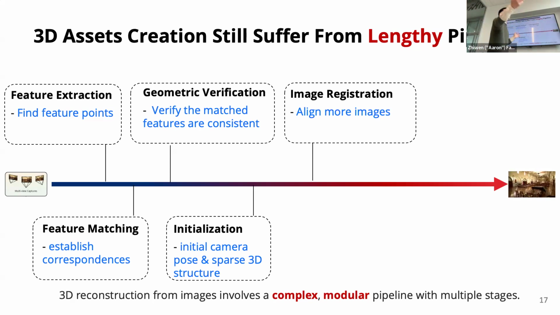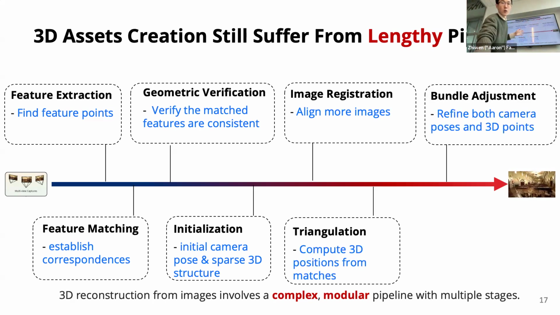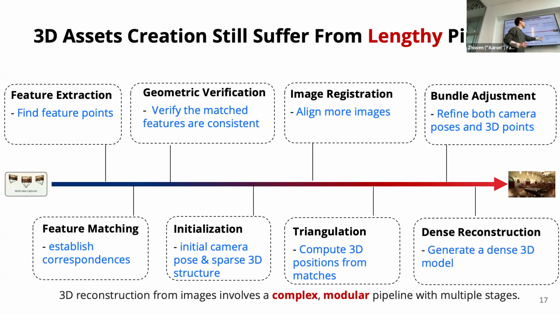And the next, we will register more and more images into the global representation. And finally, we will do the triangulation to verify these points. So with the bundle adjustment, we will do the joint optimization for the camera and the scene representation. And the very last step is about the dense 3D reconstruction. So we can see it's quite lengthy. And from images to the recreated 3D environment, we have to go across about 10 steps.